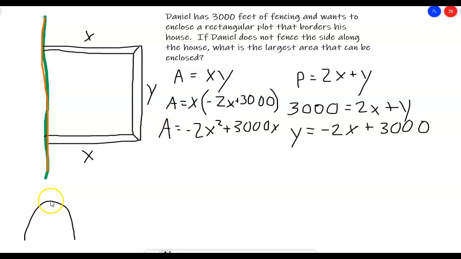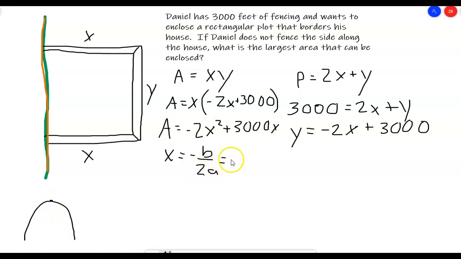It's going to be right here at my vertex. Now I have the formula to find the x value of my vertex: x is equal to negative b over 2a.